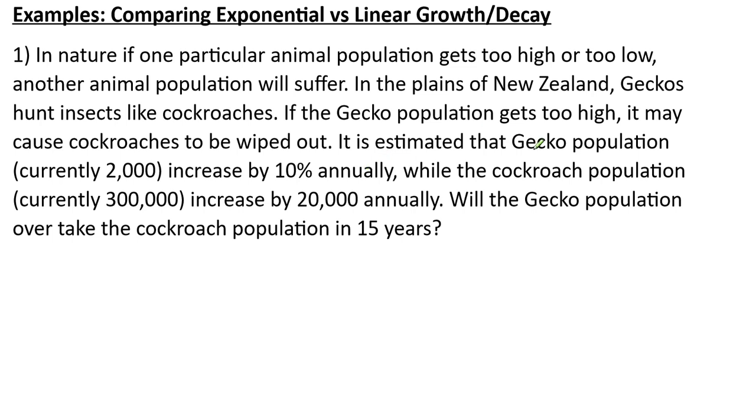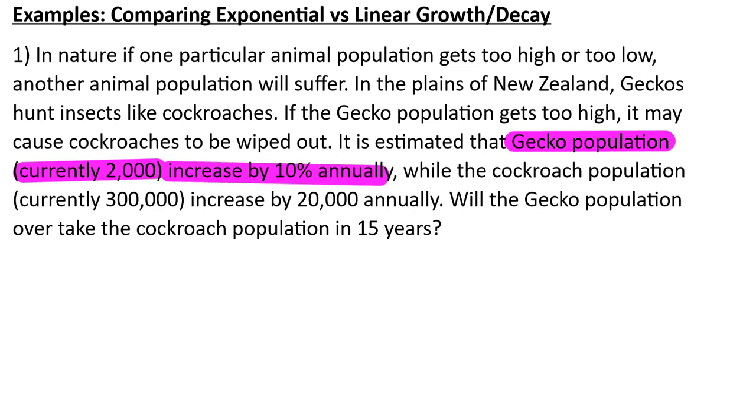It is estimated that the gecko population, which is currently 2,000 as the starting value, is increased by 10% annually, while the cockroach population, currently at 300,000, is increasing by 20,000 annually.